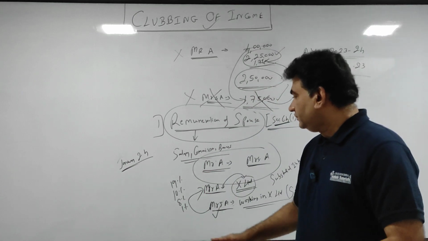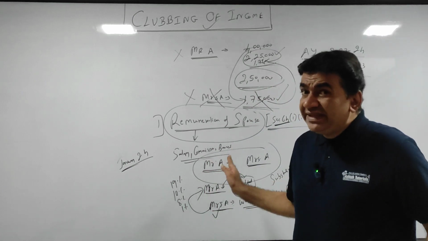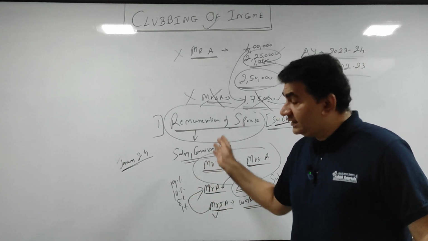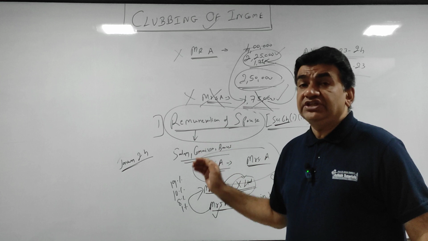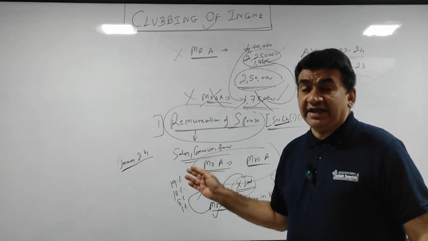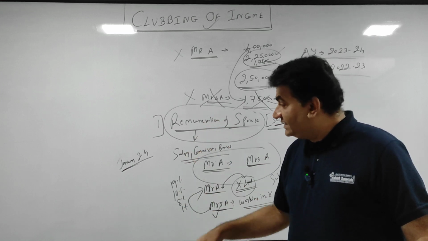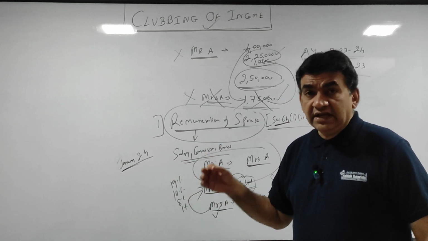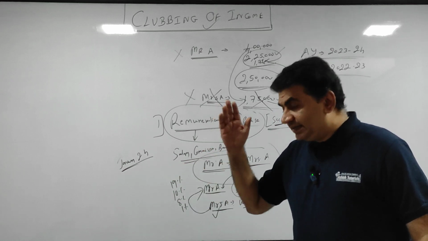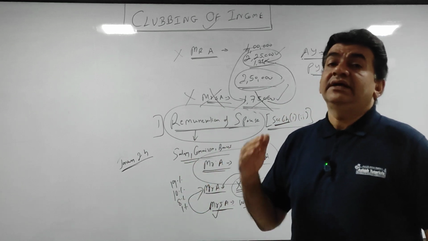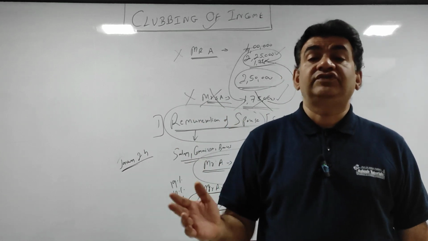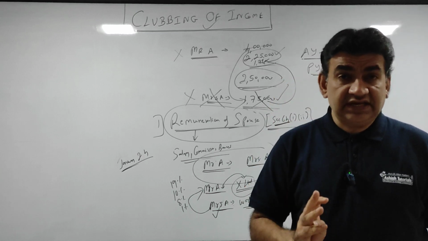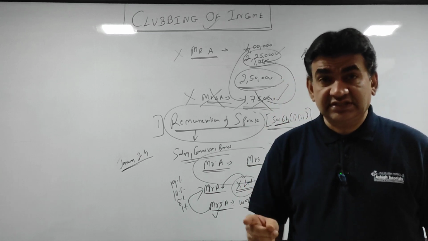So, for incomes to be clubbed, another criteria is the relationship of husband and wife should be existing on the date of accrual of income. जो मंथ का, जो साल का इनकम है, during that period relationship of husband wife should be existing. शादी होना चाहिए, legal marriage should exist.